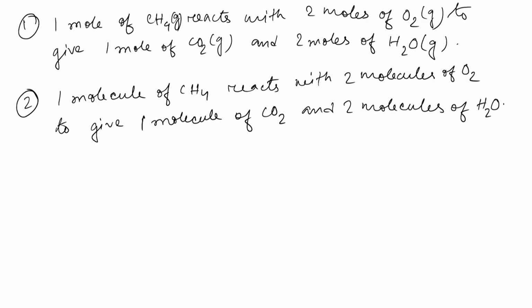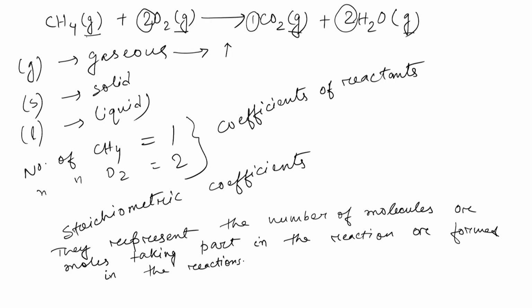Now, we had seen that at STP, 1 mole of every gas has a volume of 22.4 liters. So we can say that the volume of methane here is 22.4 liters. The volume of oxygen will be 2 into 22.4, that is 44.8.